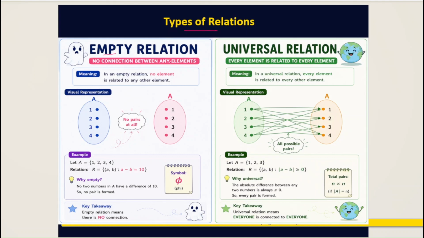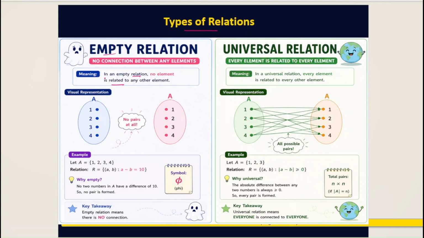Empty means it does not contain any element, or in other words, it contains elements but it does not have any relation with that particular set that we are discussing, right? That means in an empty relation, no element is related to any other element, right?